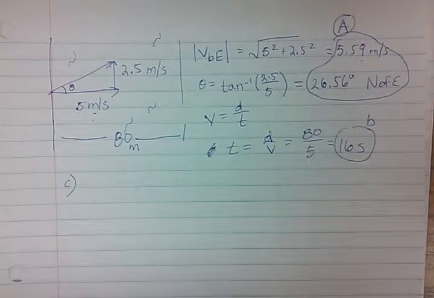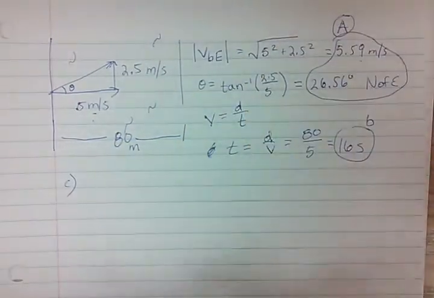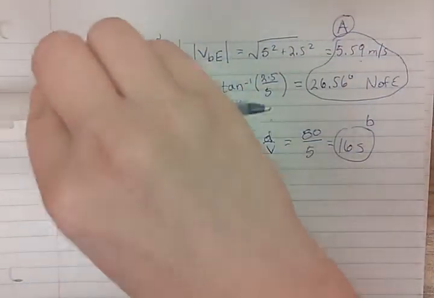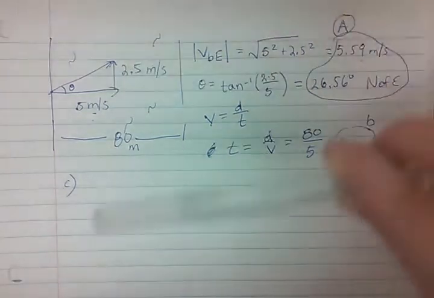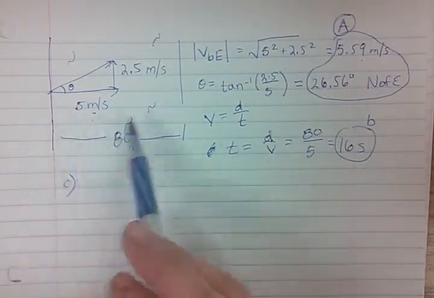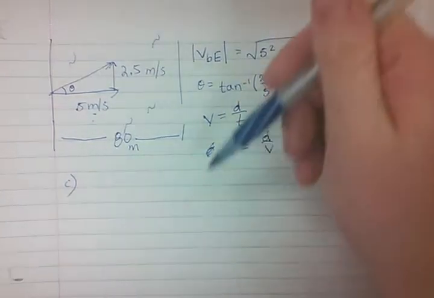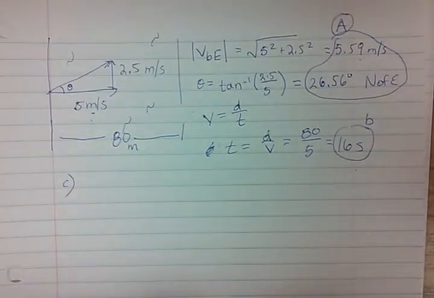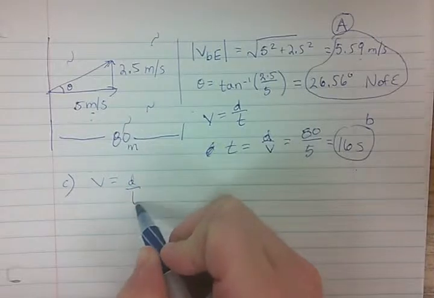Part C asks us for how far downstream does the boat land. So obviously it's going to kind of get pushed off to the side like that, so it'll end up downstream. Well, we know how long it takes the boat to cross the stream. We just figured that out in Part B. And we know at what speed the current is pushing it down. So again, we use our 9th grade equation for speed.